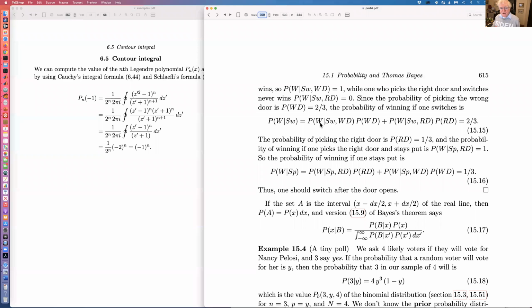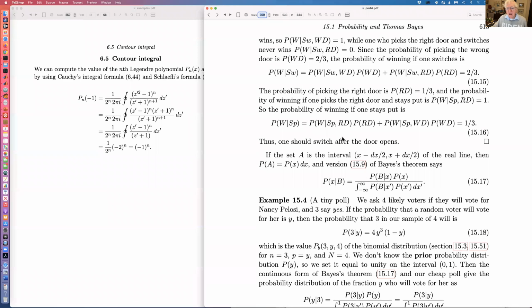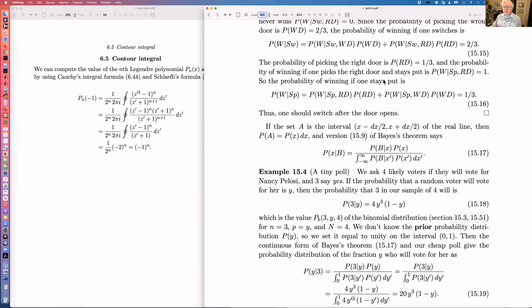Right, so this one is 1, the probability of wrong door is 2/3, so this gives you the full answer, 2/3. The probability of winning if you switch and picked the right door is 0. The probability of picking the right door is, of course, 1/3.